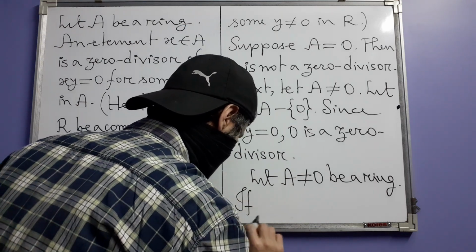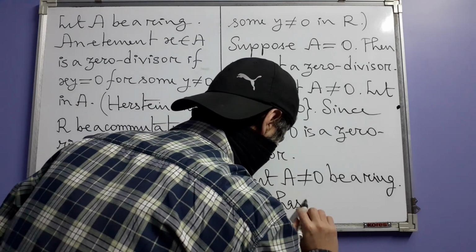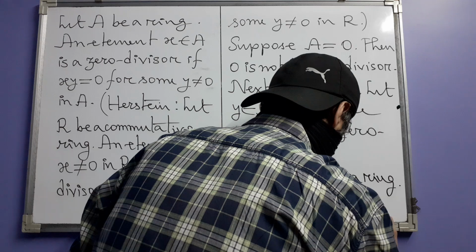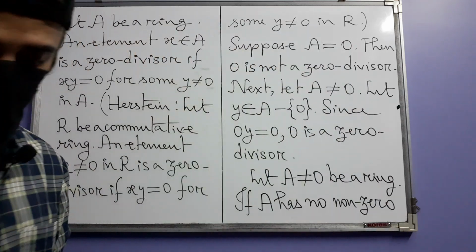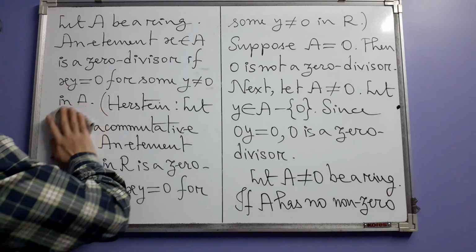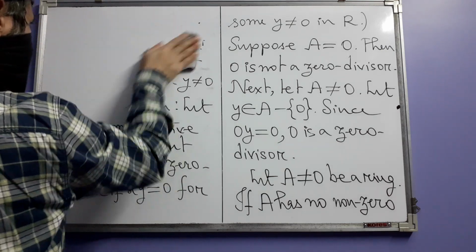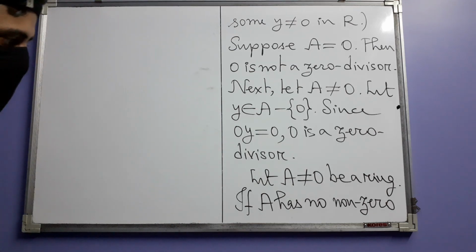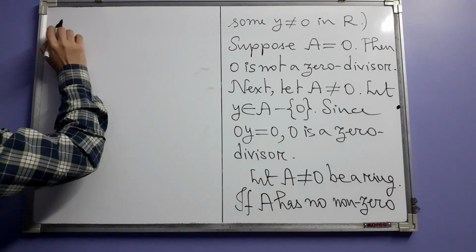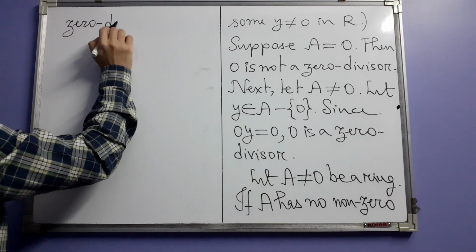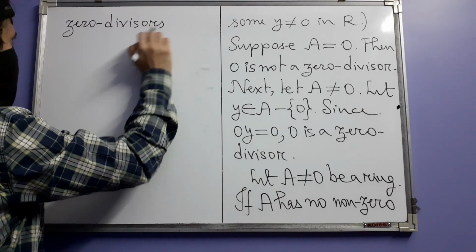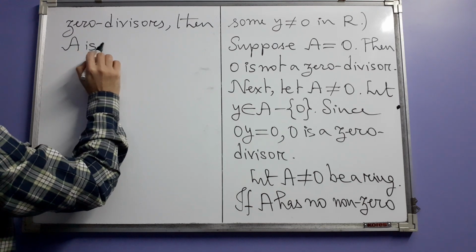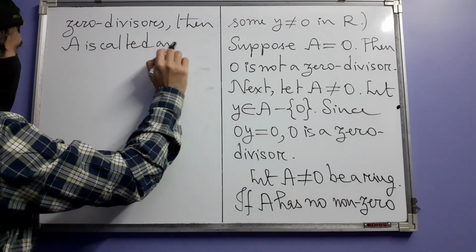If A has no non-zero zero divisors, then A is called an integral domain. This part may be very confusing, watch carefully.